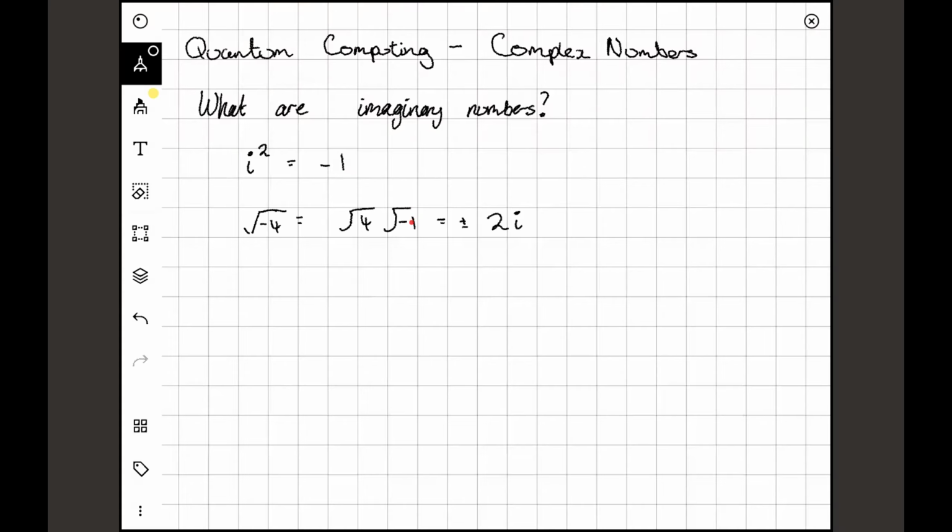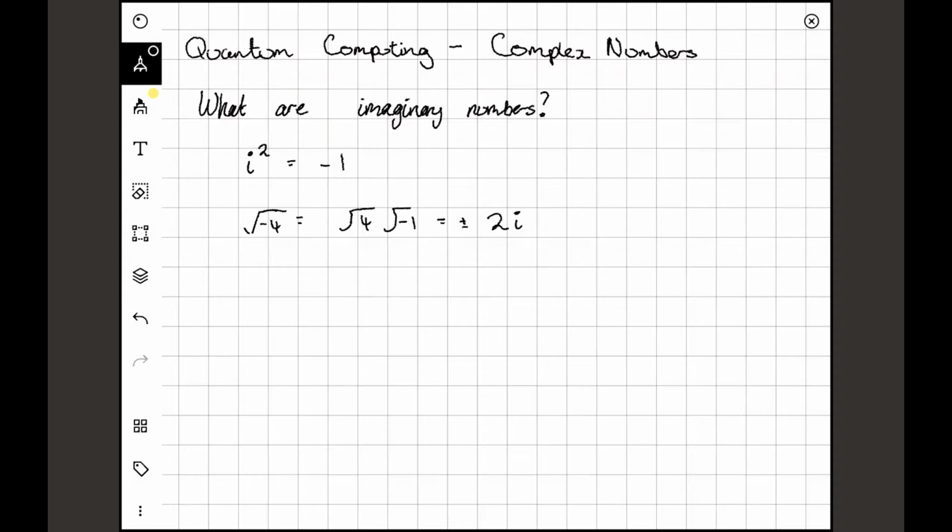Because if we square this, we'll get minus 1. So this must be either i or minus i. In practice, what this means is we can work as we do normally, but just replacing the square root of minus 1 with the symbol i.